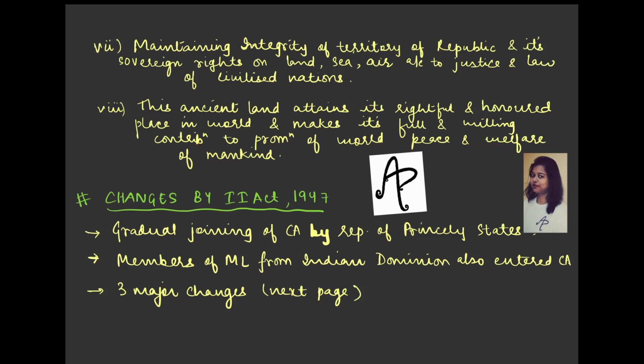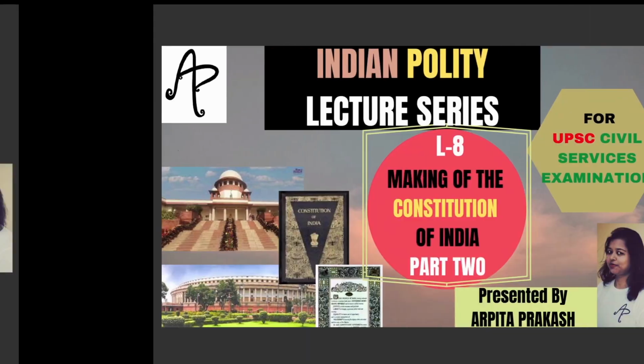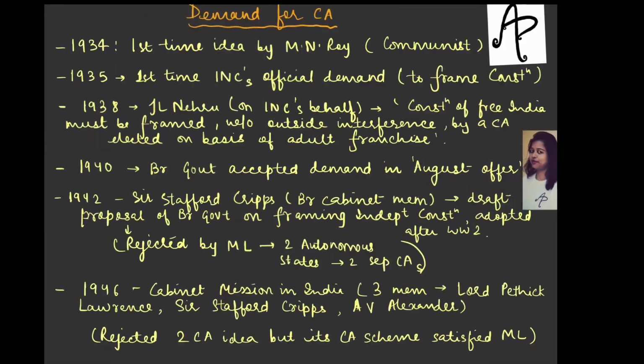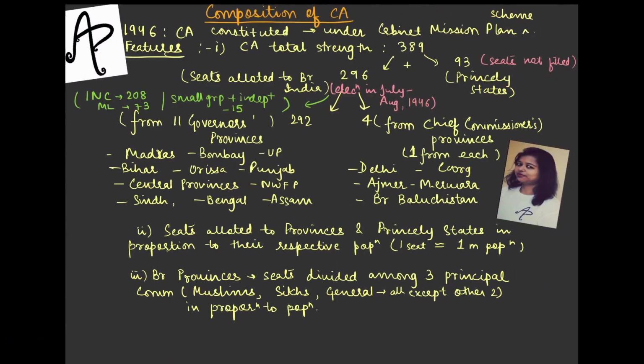Now, in this objective resolution, certain changes were made by Indian Independence Act 1947. Let's see those things. So, firstly, the princely states. If you remember, in the beginning when we have seen about the composition, then we saw that the princely states, despite of having 93 seats reserved for them, they were not filled.